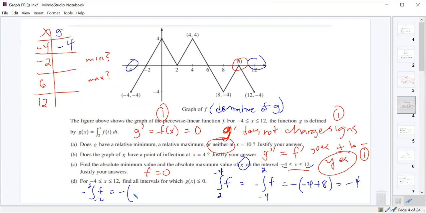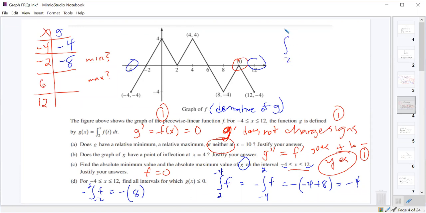And this one was 1/2 base times height for that triangle again, which is just the opposite of 8, or -8. Everybody good with the value at -2? Yep. All right. Value at 6.